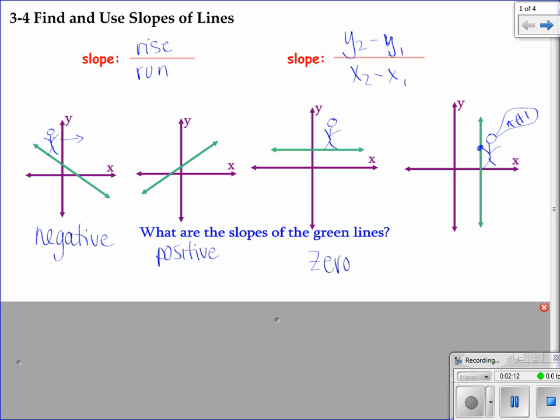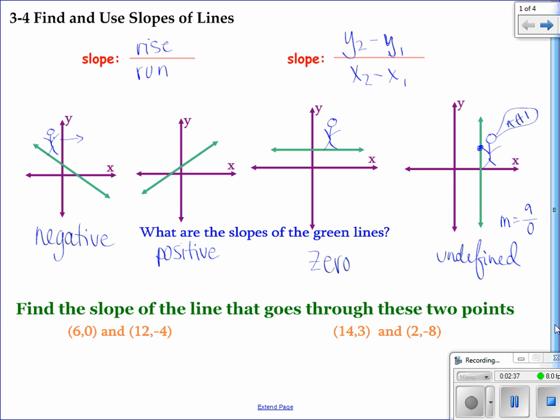Okay, so this is undefined. So vertical lines have an undefined slope. Undefined meaning when you find the slope, you get a number over 0. So if you ever get 0 in the denominator, that's an undefined slope, a vertical line.